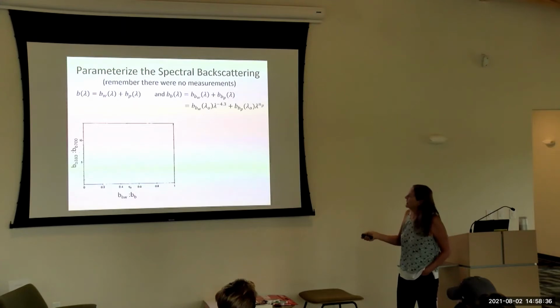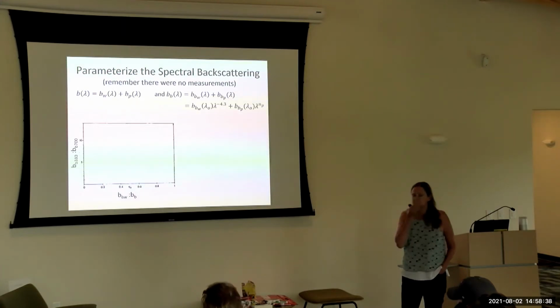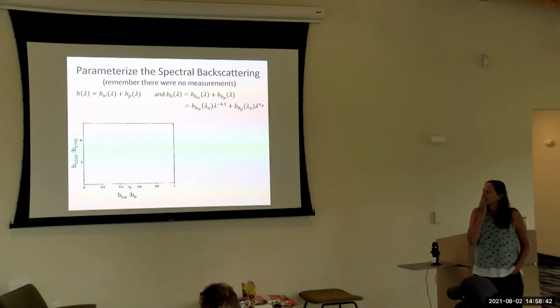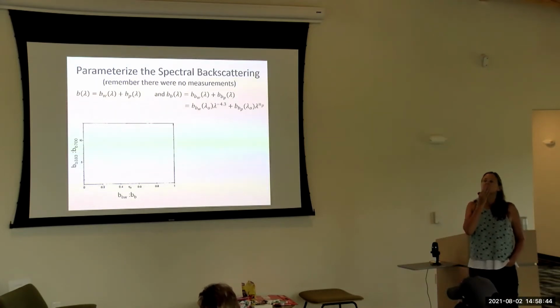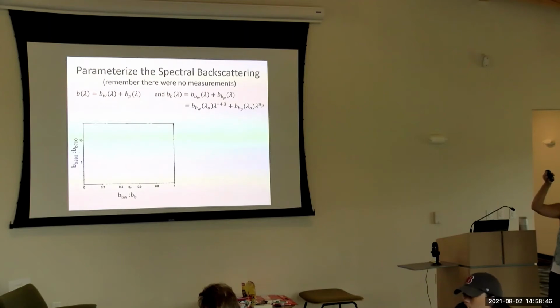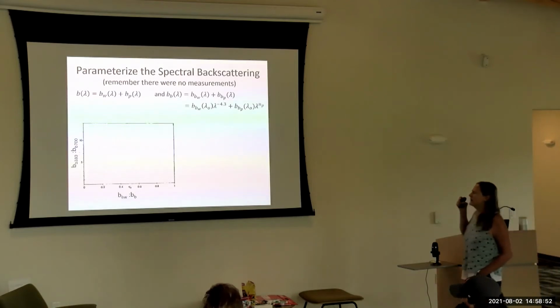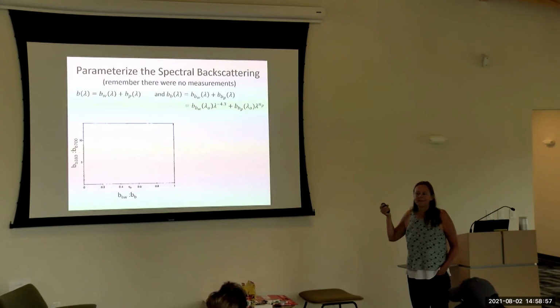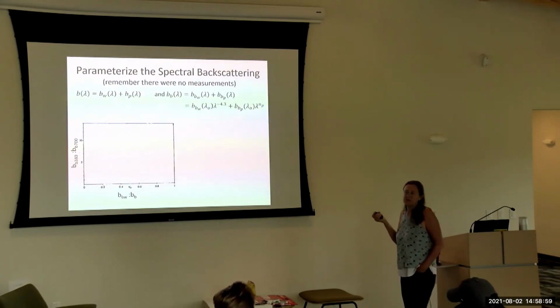Okay, what's this axis? Yeah, they're looking at the ratio of the backscattering in the blue to the backscattering in the red. It's a slope parameter, right? They don't have an exponential slope, so they put the ratio.